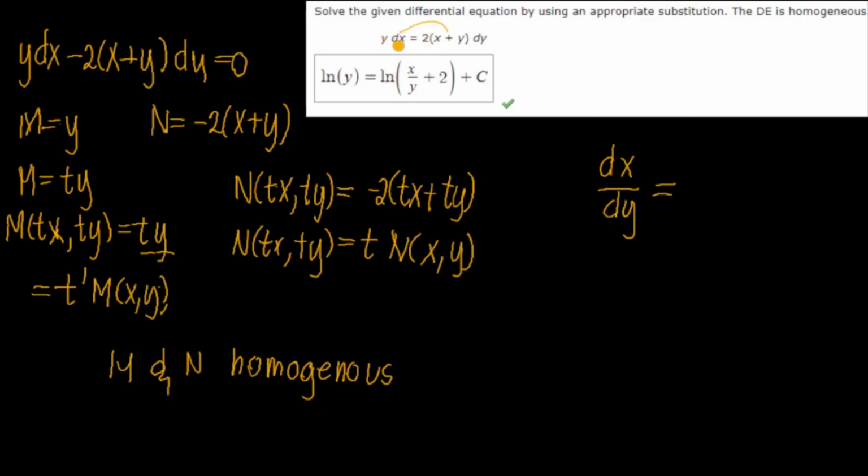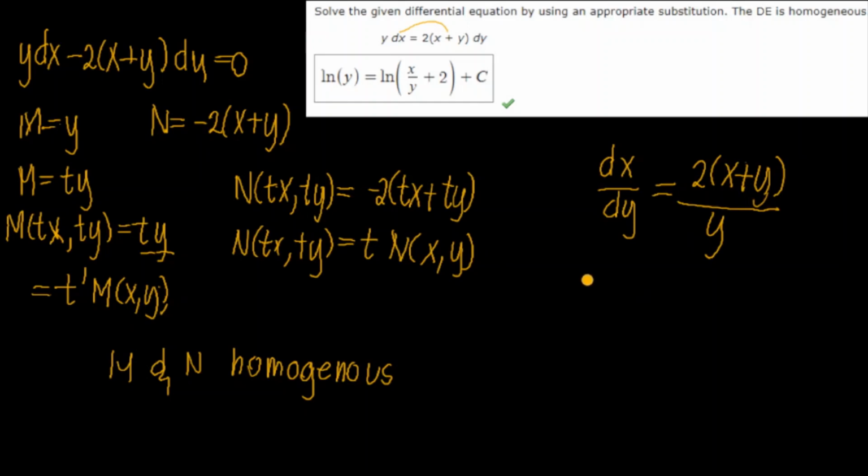Dividing dy to both sides of the equation, we have dx over dy, and dividing again by y, we have 2 times x plus y all over y.